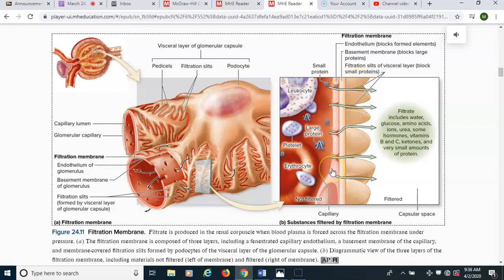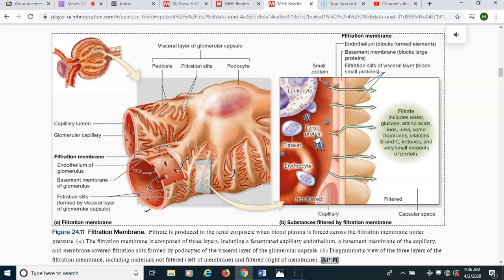So this image, I didn't show it in the last video, but it kind of zooms in on the filtration membrane, so you can see the different layers, and then you can see the components of the blood here. And some of the components will leave the blood, but again, it's mostly the plasma components, except the big proteins. They're too big to get through there. So also there's a negative charge as well, and a lot of proteins have a negative charge, so that kind of prevents them from wanting to go in that direction too, because they kind of repel each other.